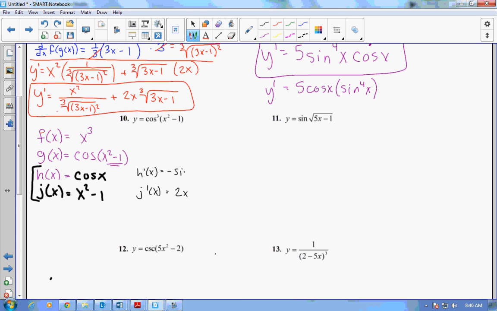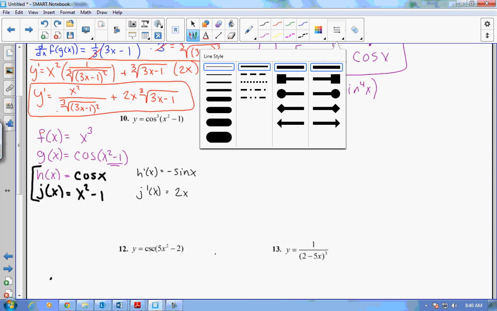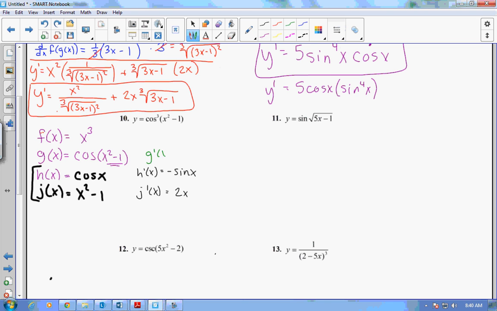Yep. Negative sine x. So for g prime, we have to apply the chain rule. Now we have all the pieces to do that. F prime, which for us this time is our h prime function.